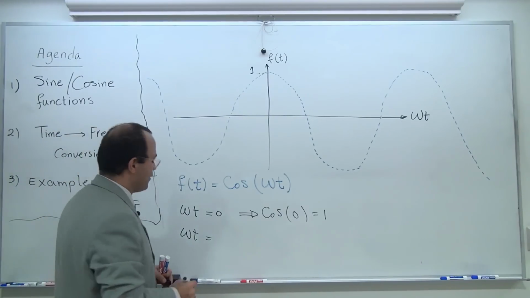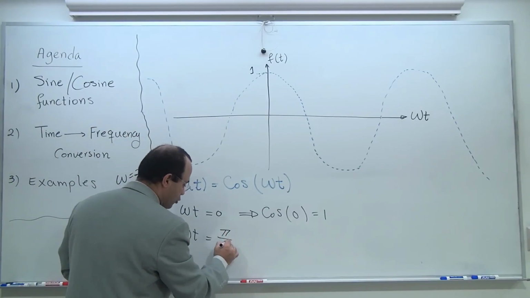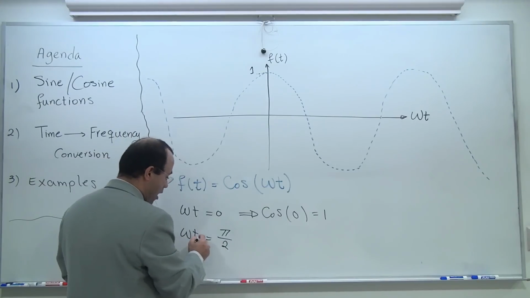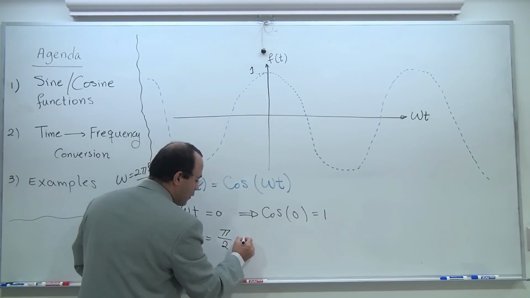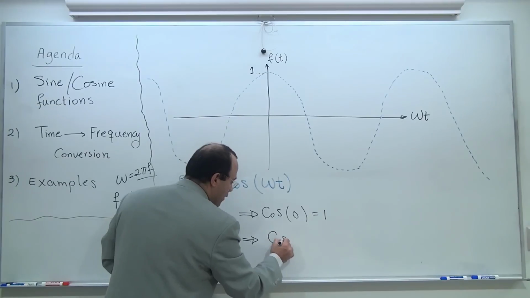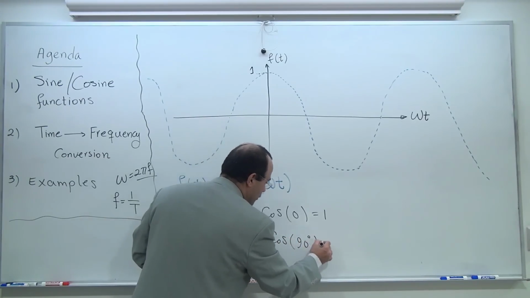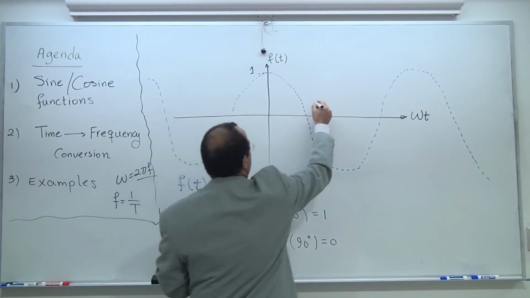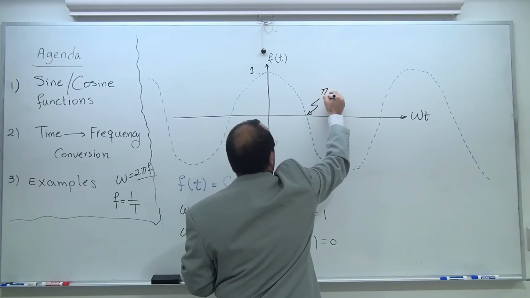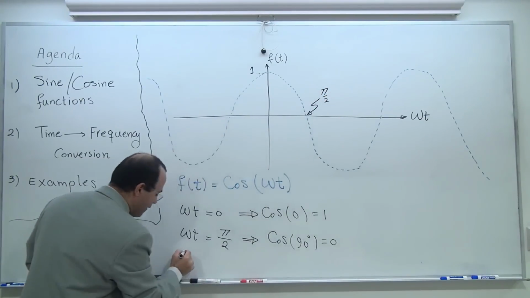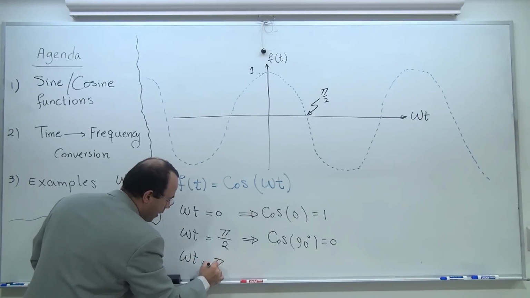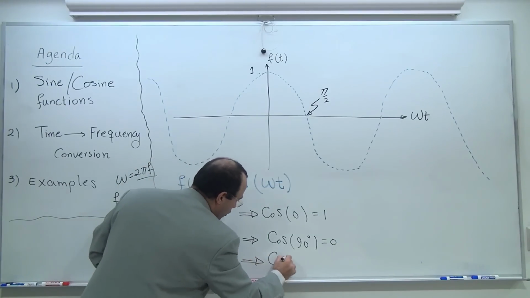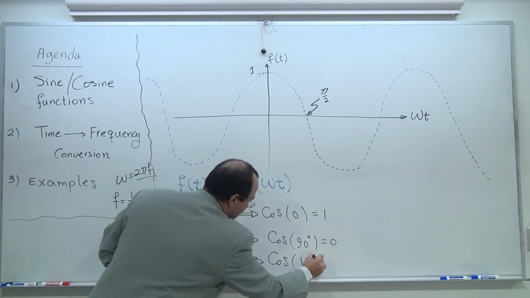If omega t is equal to pi divided by 2 radians, that is 90 degrees, and cosine of 90 degrees is going to be 0. So that's going to be pi divided by 2. If I have omega t equal to pi, I'm going to get cosine of 180 degrees.